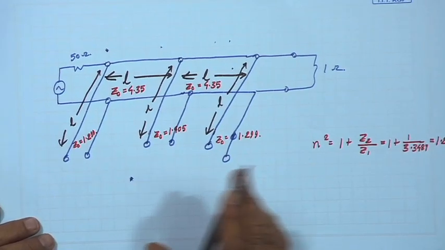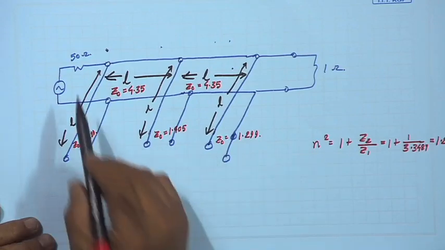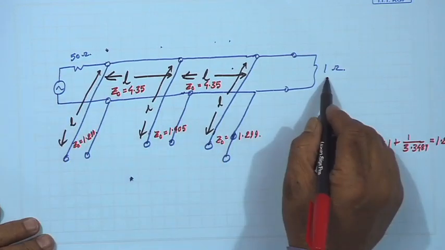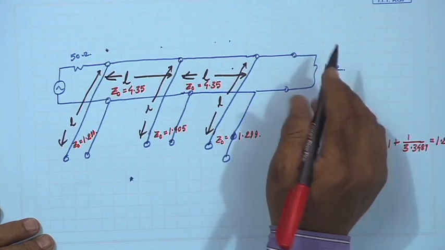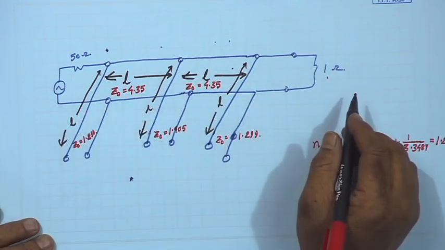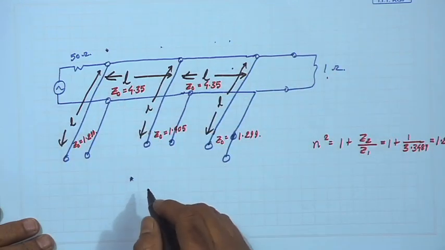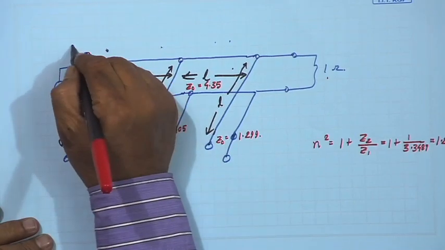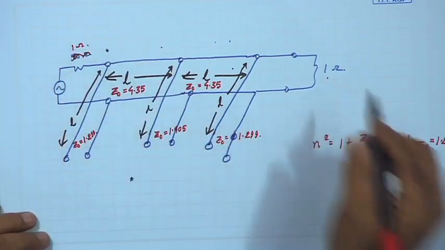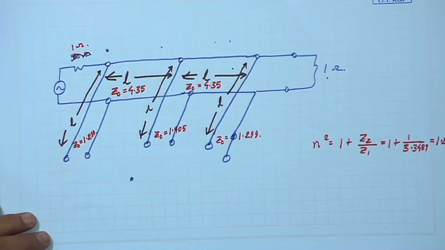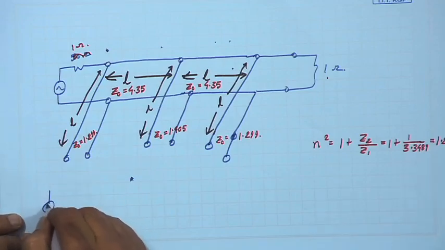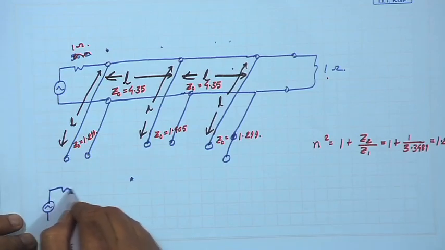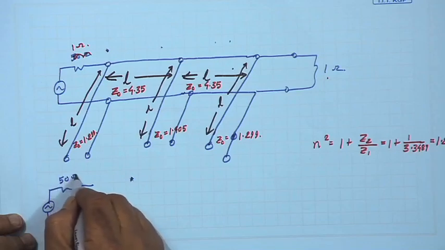Now, instead of this 1 ohm, I have the impedance labeled as 50 ohm. This was 1 ohm, and now I need to scale up to 50 ohm. So all these values I will scale up, and I will write this is 50 ohm.